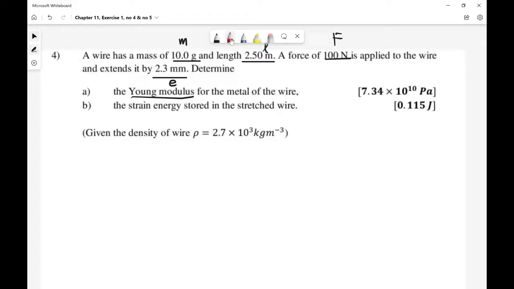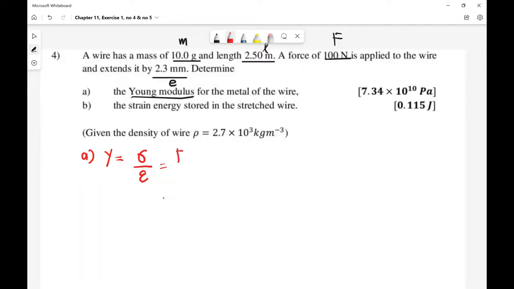So you may use the formula for Young modulus equals stress over strain. And then daripada sini kita dapat, sebab stress equals force over area dan strain equals elongation over L naught.